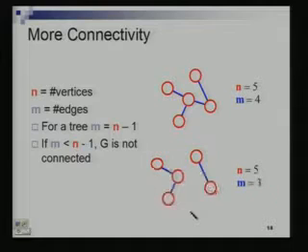Okay, so let me ask you a question. Suppose I have a graph on n vertices and it has n minus k edges. How many connected components do you think it has?